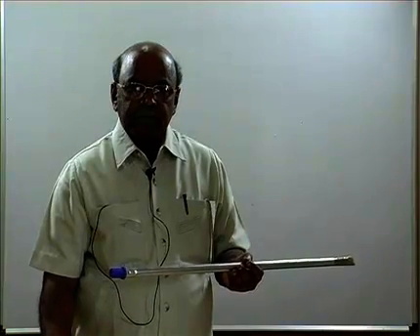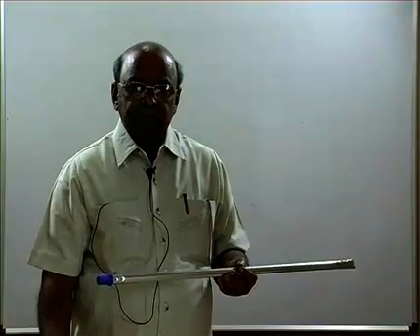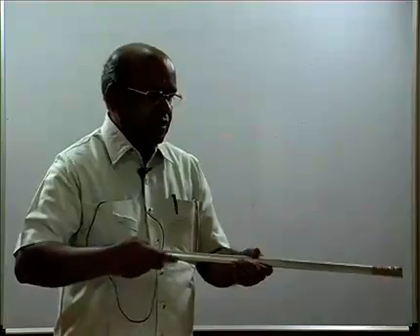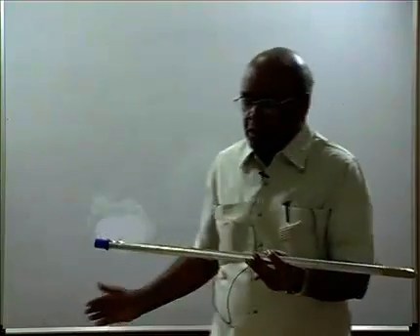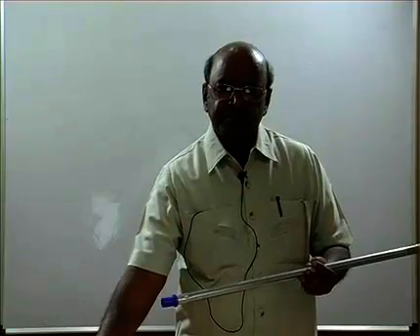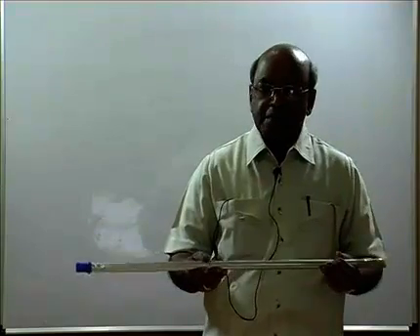So you will get the front view A dash B dash and top view AB. Whatever may be the distance from the vertical plane, you get in the top view. That is this distance, this one and this one. And you will get the top view of the straight line AB.